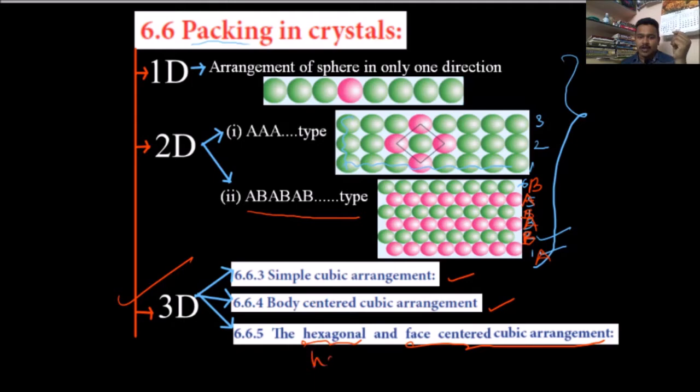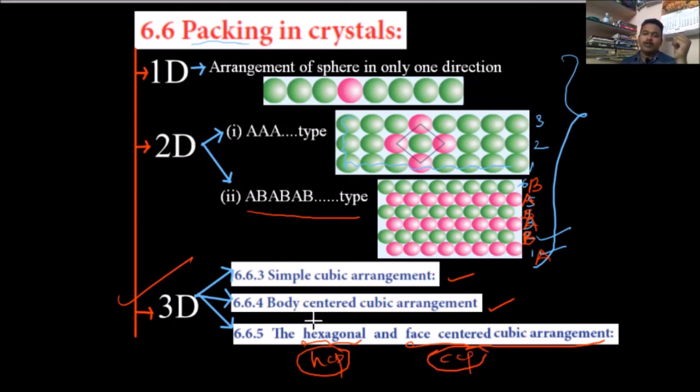This one is called HCP, hexagonal closed packing. This one is called FCC, otherwise CCP, cubic closed packing, also called face centered cubic packing.